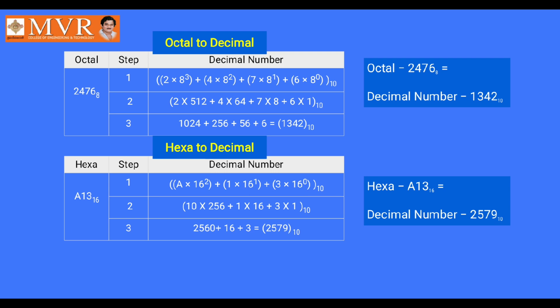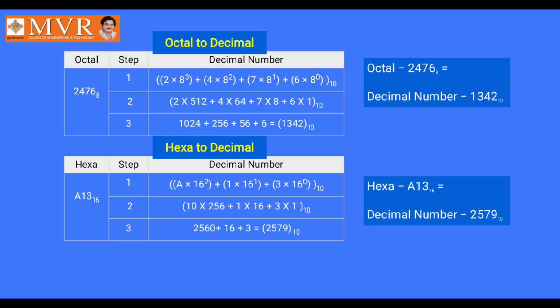So 2 into 8 cube, plus 4 is in the second position, so 4 into 8 square, plus 7 into 8 power 1, and 6 into 8 power 0. So 8 cube is 512, 2 into 512 is 1024, plus 8 square is 64, 4 into 64 is 256, 7 into 8 is 56, and 6 into 1 is 6, which equals 1342. So the octal number 2476 is equal to the decimal number 1342. That is the way you convert octal to decimal.